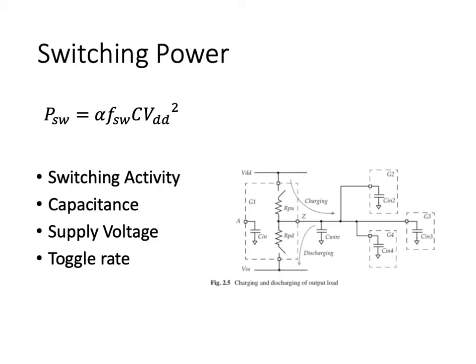by a factor alpha times F switching factor and C, the capacitance of the net, times VDD squared. So this is the switching power for one particular net.